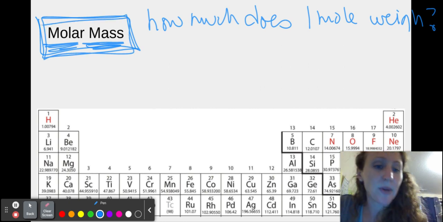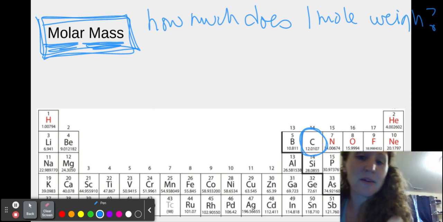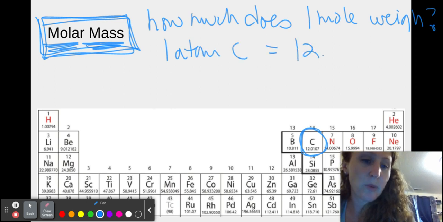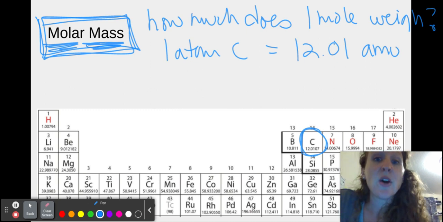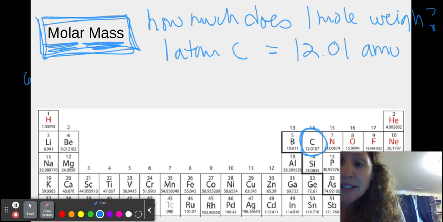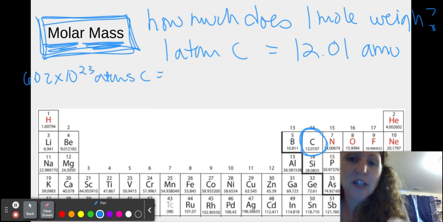And we talked about that already for carbon. So here's carbon on the periodic table, and look right below it, right? The mass of 1 atom of carbon is 12.01 AMUs. Well, if you have 6.02 times 10 to the 23rd atoms of carbon, right?